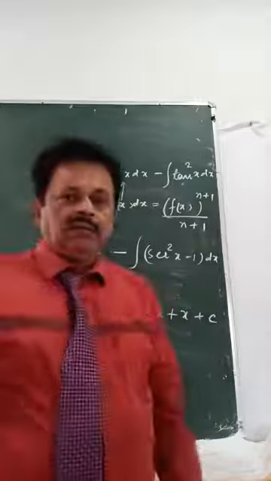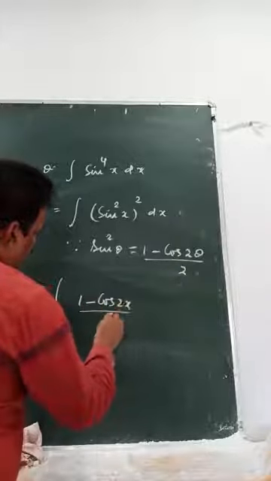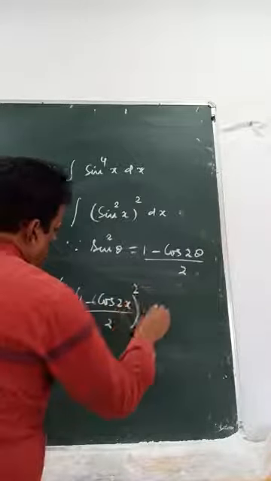Tan has a different method, sin has a different method. So sin square x means sin square theta is 1 minus cos 2 theta by 2. So what will you get? 1 minus cos 2x by 2 whole square dx.